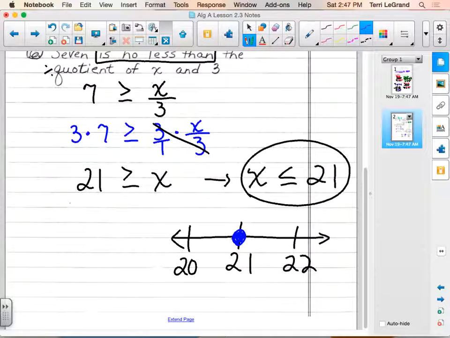Is less than, all the numbers less than 21 go this way. And notice, it's going to the left, just like our symbol is pointing to the left. So this is a little way of double checking to see if you shaded correctly, but you can only do it that way when the variable's on the left. Can you count on that?